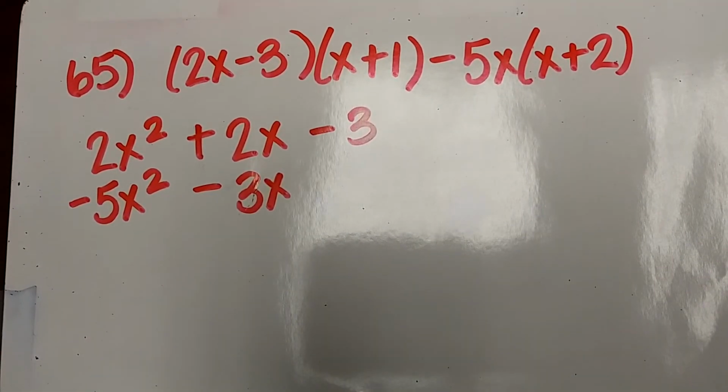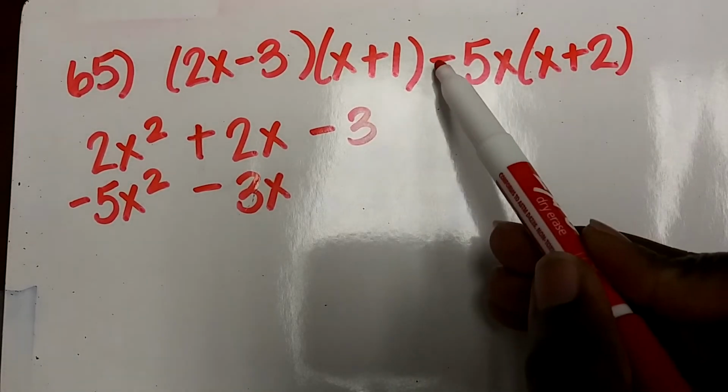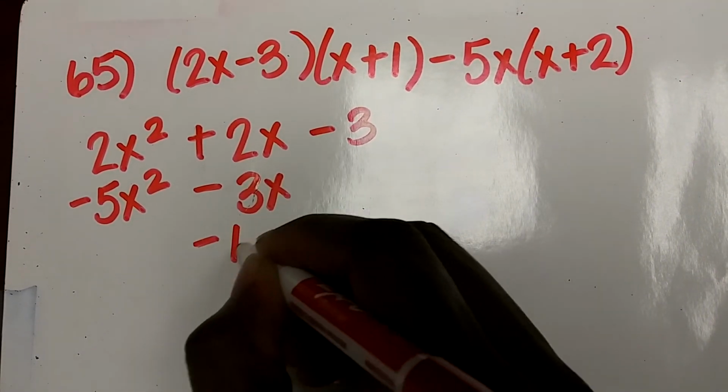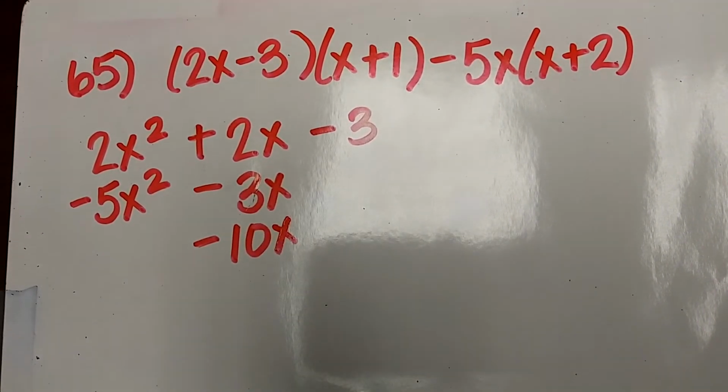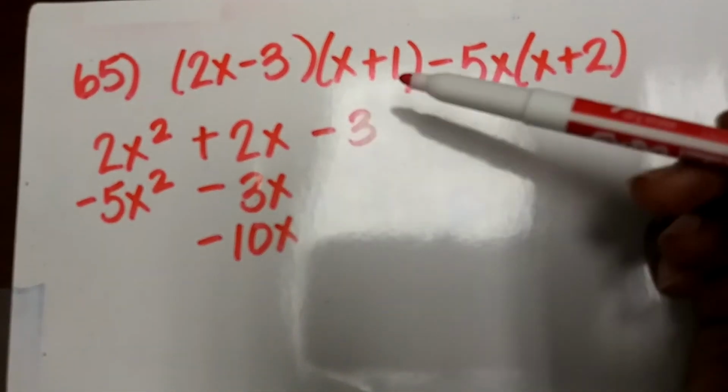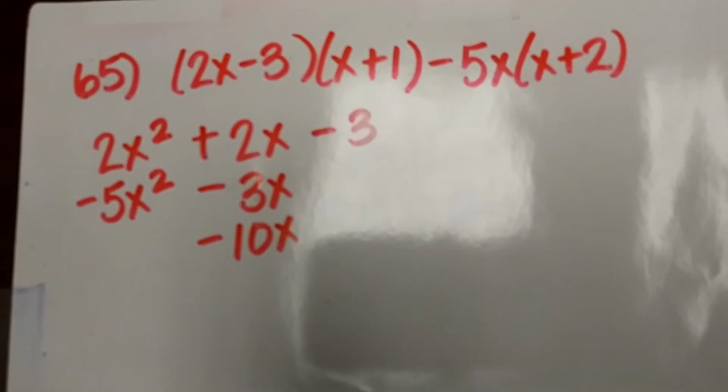And again, notice I'm lining my like terms up as I'm doing it. So I'm doing two steps in one. Then negative 5x times 2 is negative 10x. So I do want you to keep in mind how I am lining up all the like terms. The x squares are together, all the x's are together, and then a constant is by itself.